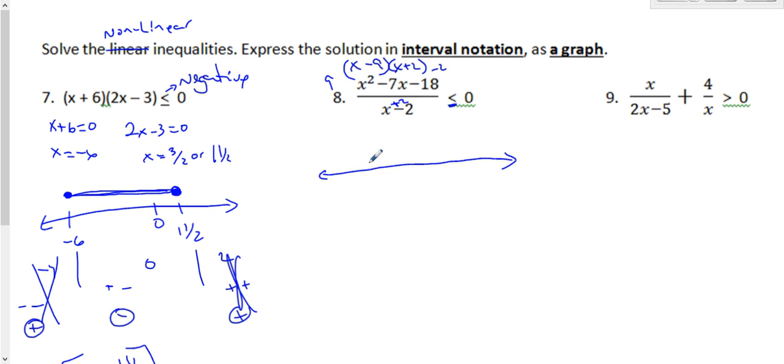So we've got 3 points on the number line, so -2, 0, 2, and 9. We only have dots at -2 that is solid. At the 9 is also solid. And for the +2, because it's in the denominator, that will be an open dot.